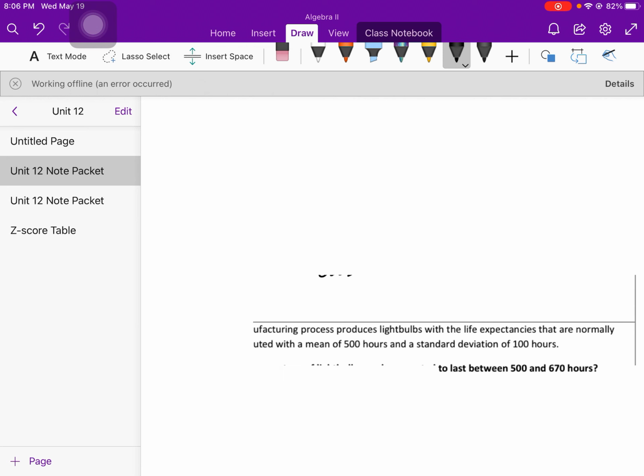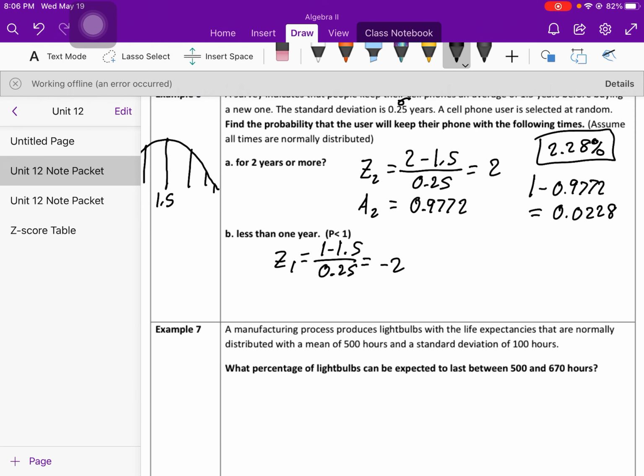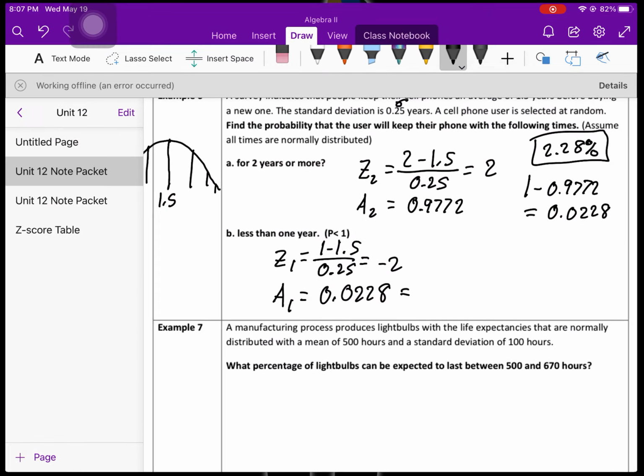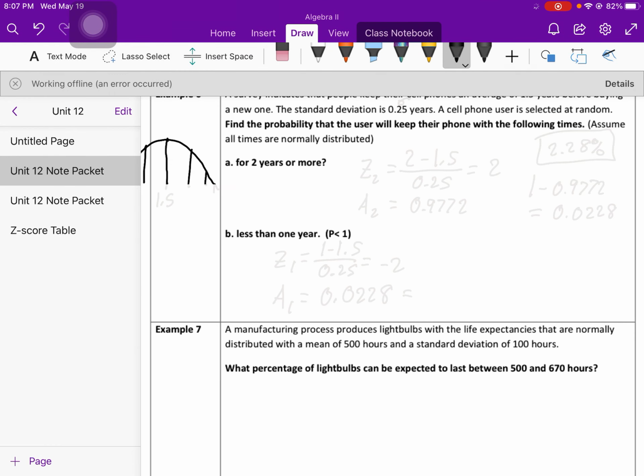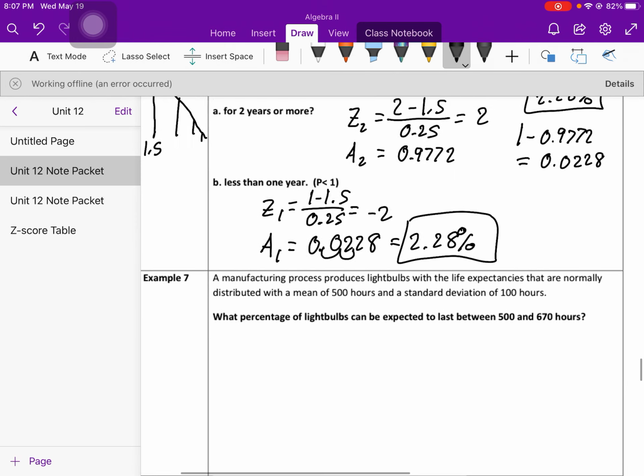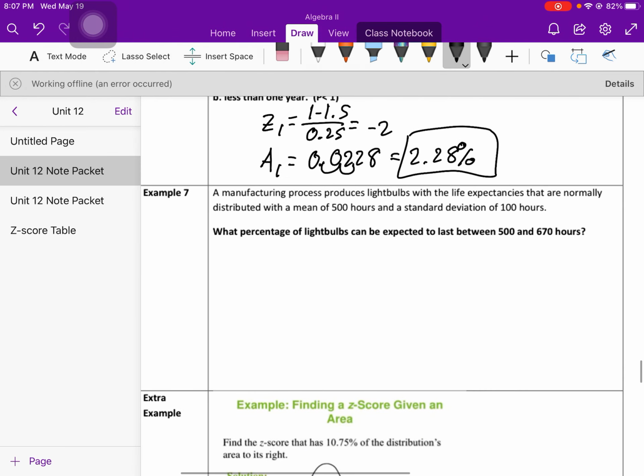So we are using 0.0228. Okay, and this one, that's just the exact answer. So shift your decimal over 2 places. 1, 2, so that's just 2.28%. This one is less than, so it's going to the left already.